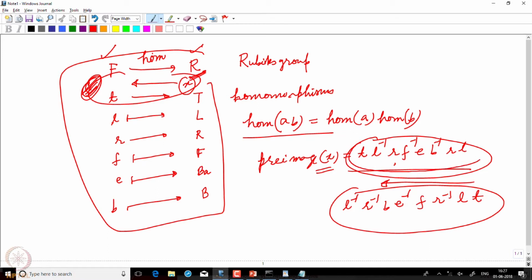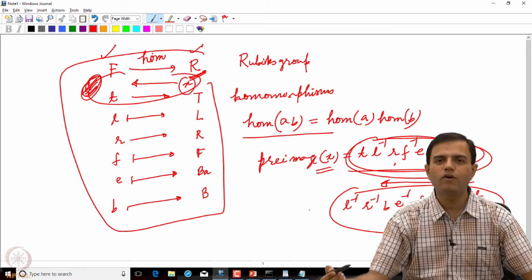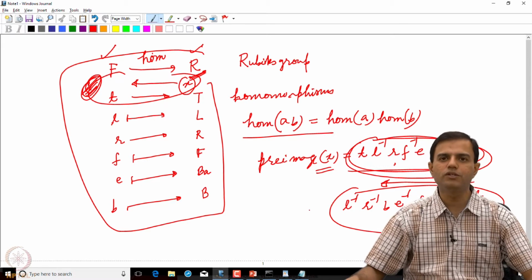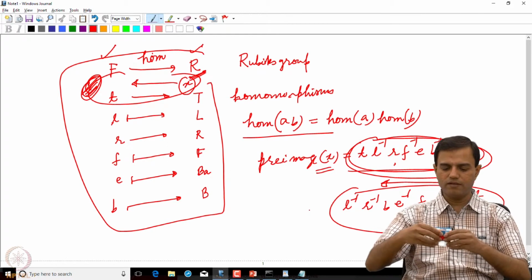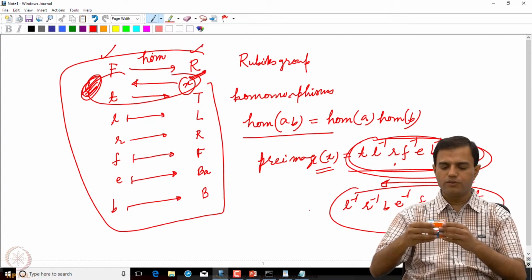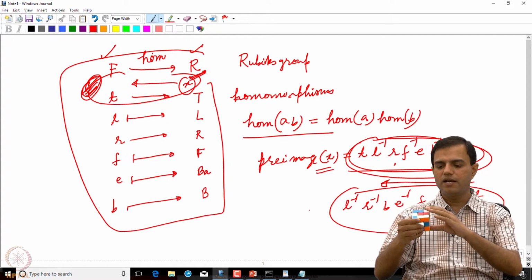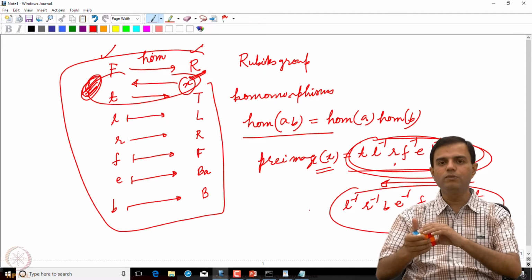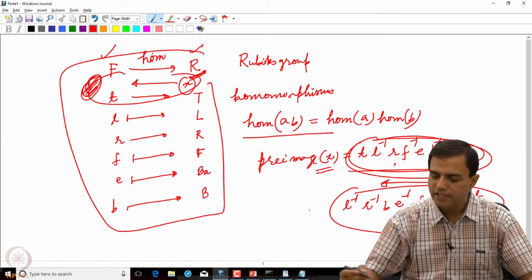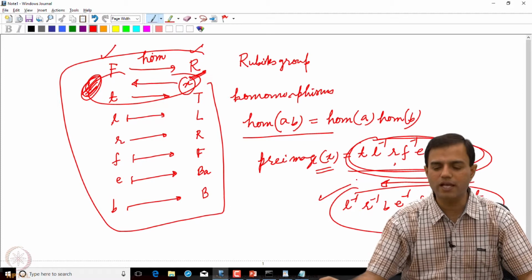But that is reading in the free group. If I do it in the reverse direction in the free group, what it does is actually solve the cube for me. So I hope things are clear to you. If a certain identity position is there, I am scrambling the cube, and unscrambling is precisely taking the inverse in the free group, and that's what I am doing.